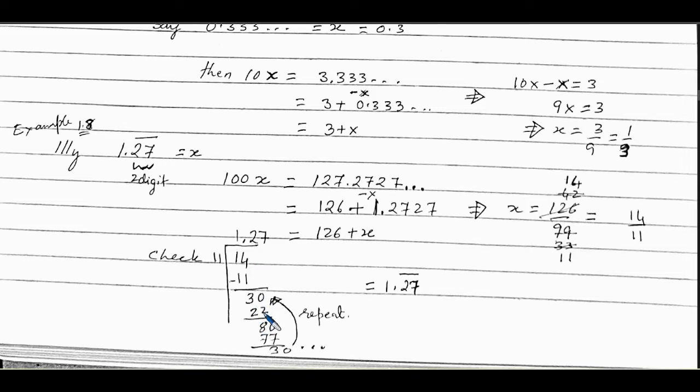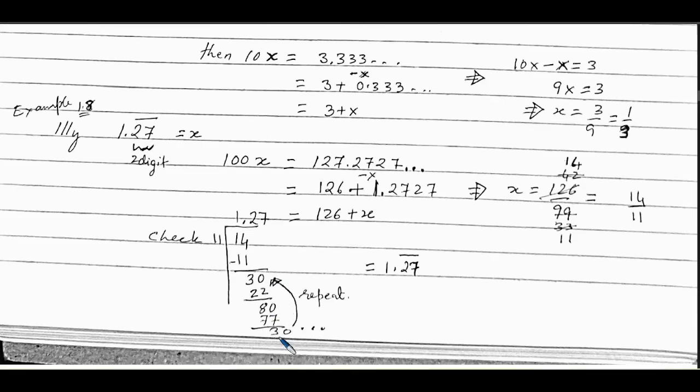So 10 minus 2 is 8, 3 minus 3 is 0. Now again you add 0, 80. 11 goes into 80 seven times, then you have 30. So now you see it is repeating. As soon as it starts repeating, you stop there and you say this is 1.27 and this 27 is repeating.